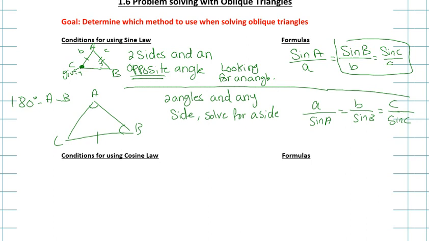Now, to use cosine law, what must I have? That's right. I have to have two sides and the contained angle. It's very important that it has to be the contained angle.